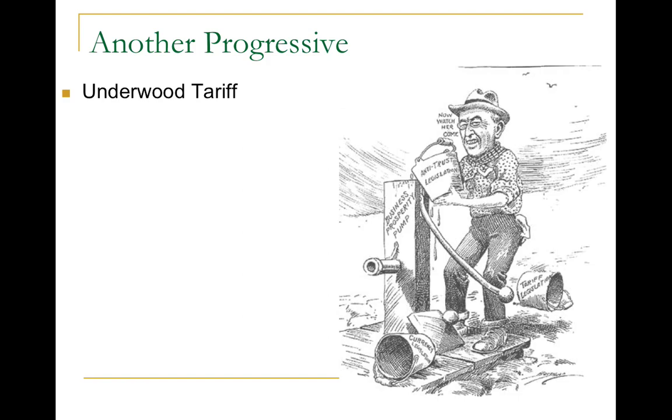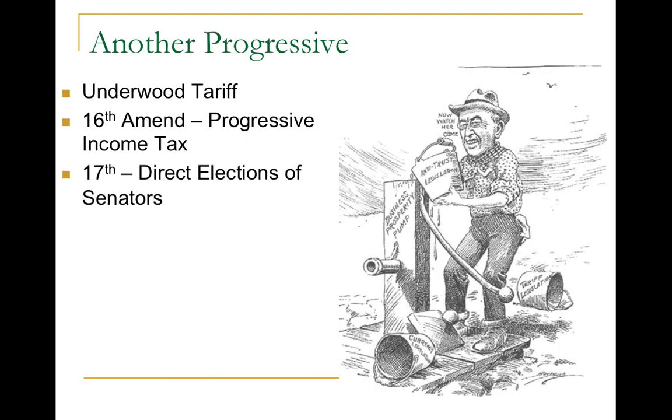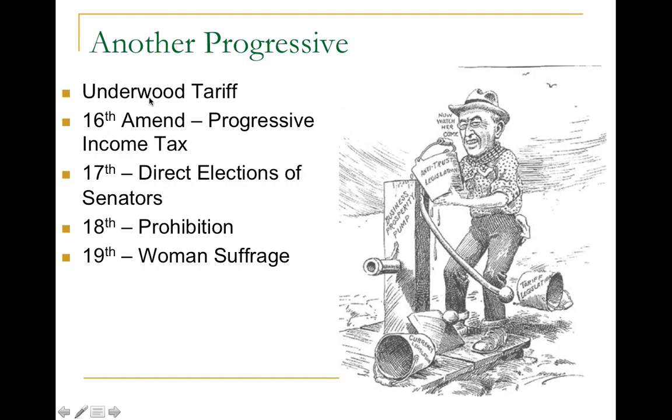The Underwood tariff lowers tax on imports, trying to make more goods come in cheaper and make more competition. Passes the 16th Amendment, which we studied, the 17th Amendment, the 18th Amendment, the 19th Amendment. These are 4 constitutional amendments passed in just 7 years. In over 100 years, we passed 15, and in just his 2 terms, we passed 4.